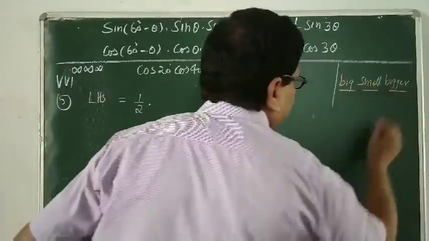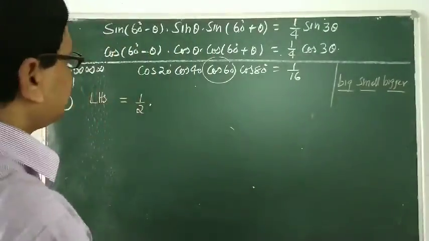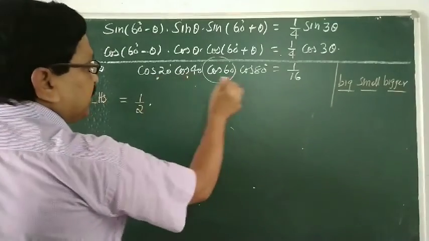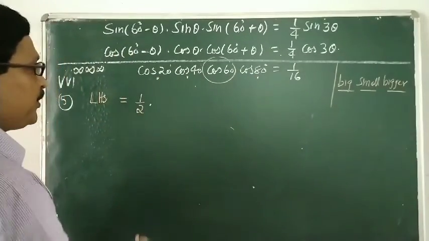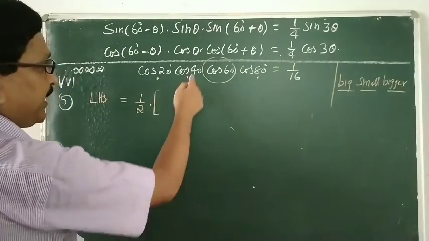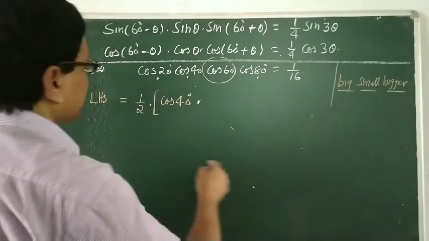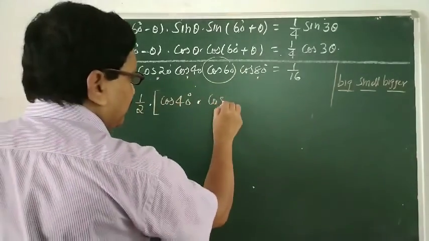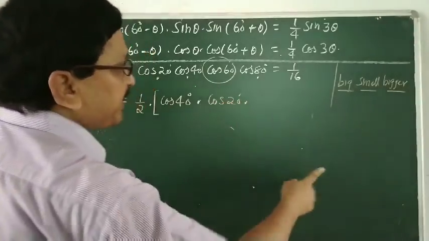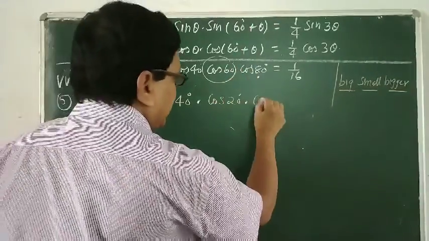Out of these three members, who is the big? The big is cos 40. The small is cos 20. And the bigger is cos 80.